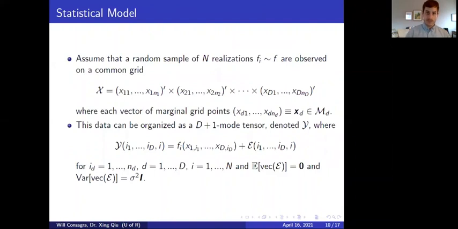So for the statistical model for our observed data, assume that we have a random sample of n realizations that are observed on a common grid. So this data can be organized into a D+1 mode tensor, which we denote Y, where each element of the tensor is assumed to follow the standard statistical model in FDA from the first slide.